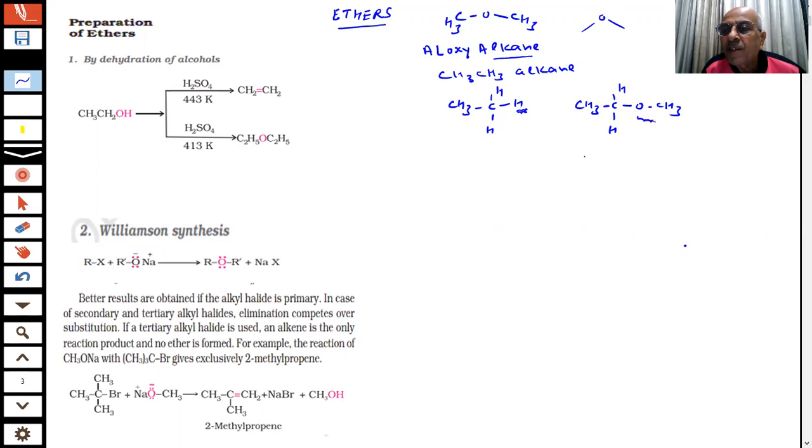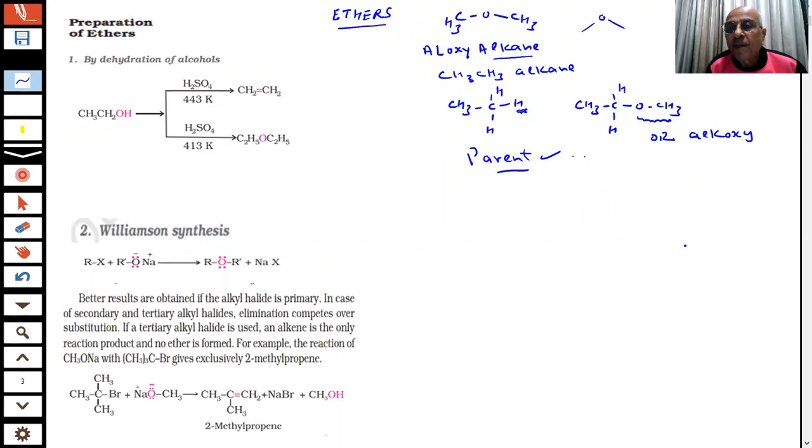What group is this, students? If I write OR, then it is the alkoxy group. And this is derived from an alkane parent. So we have a parent, students. The parent is alkane from which it is born.